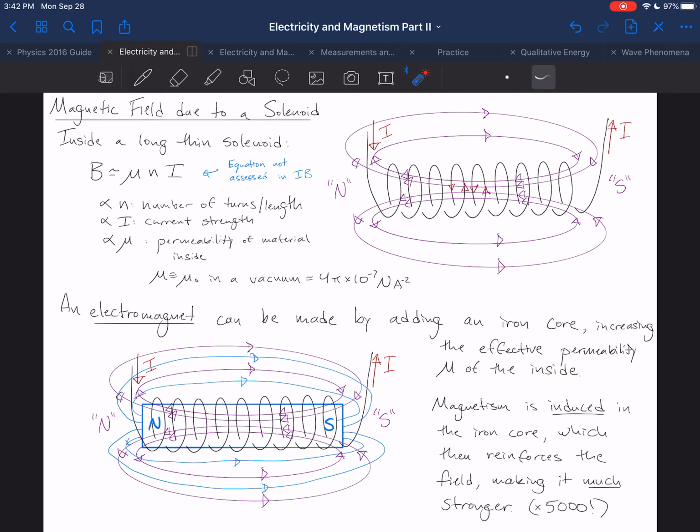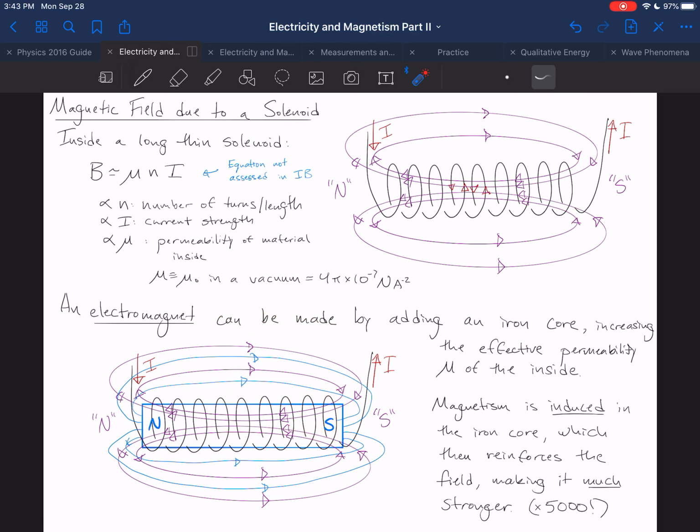So as the magnetic field lines penetrate that core material, that iron, the domains inside the iron, that is the little bits of iron at the molecular level, align with the external field, and so that iron produces its own field, reinforcing the external magnetic field.